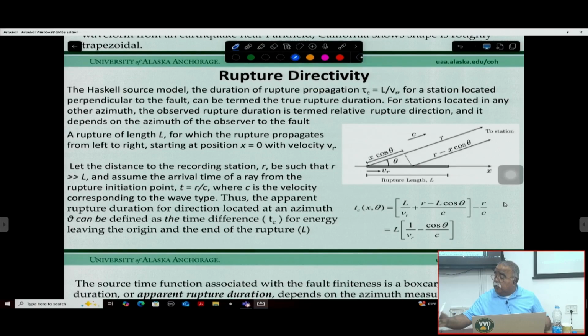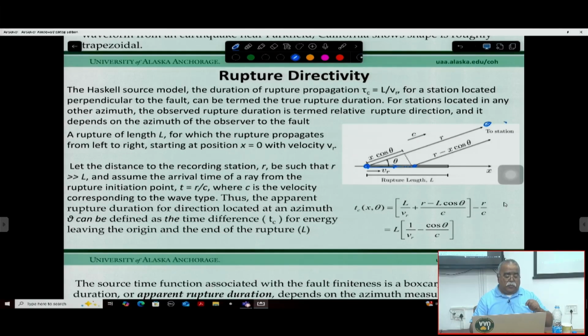Okay. So let's see a rupture when initiated from here. So this is your first point when the rupture starts, and as soon as it ruptures here, this signal is going to the recording station, right? And then over the fault, the rupture propagates, and it comes say to this point, and that is also going to the recording station, right?